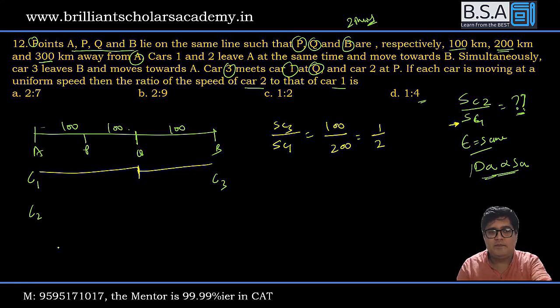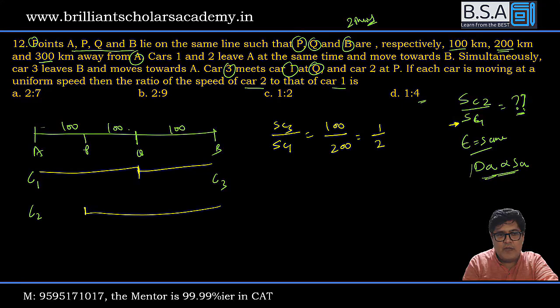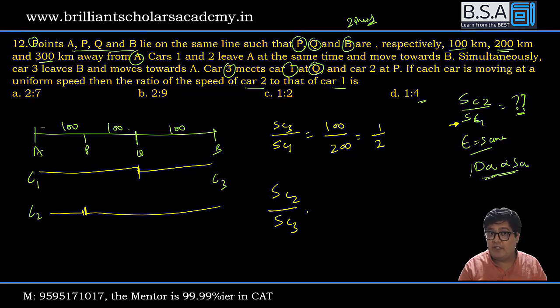Similarly, car 3 meets car 2 at point P. Where do I want car 2? In the numerator. Speed of car 2 upon speed of car 3. How much has car 3 traveled? 200 kilometers.